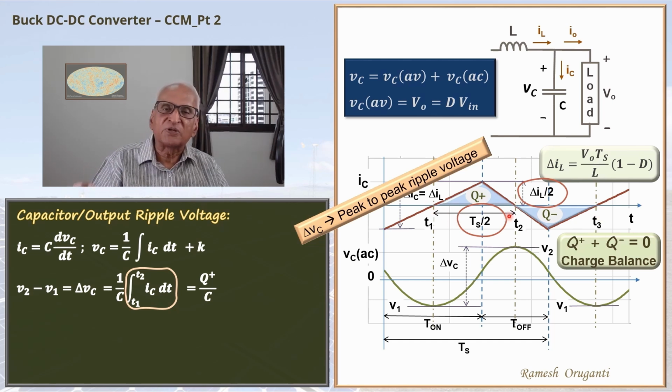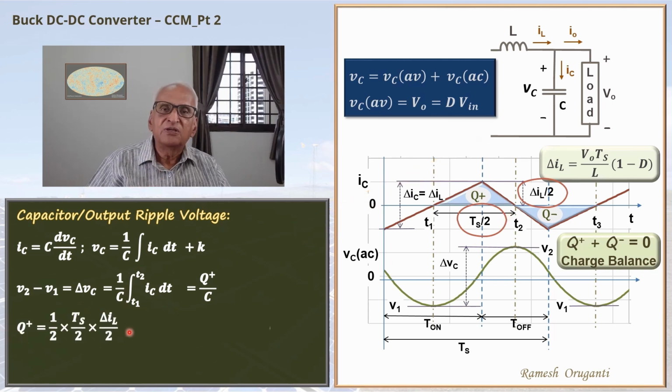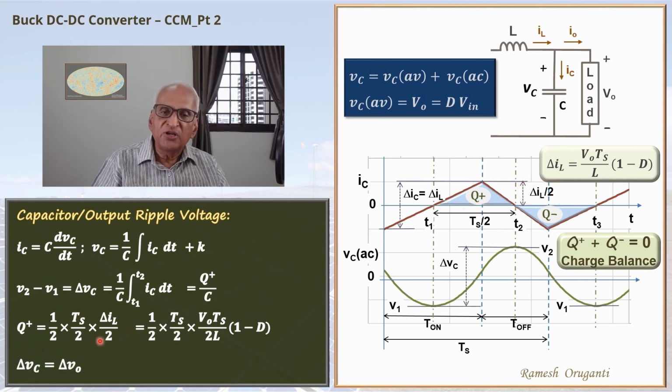So the charge Q plus is half times Ts by 2 times delta IL by 2. So delta IL you can substitute and you can calculate this as half times Ts by 2 times V0 Ts by 2L times 1 minus D. That becomes equal to V0 Ts squared divided by 8LC times 1 minus D. We have assumed an ideal capacitor, so delta Vc is the same as delta V0.